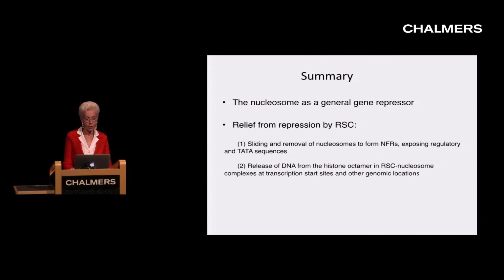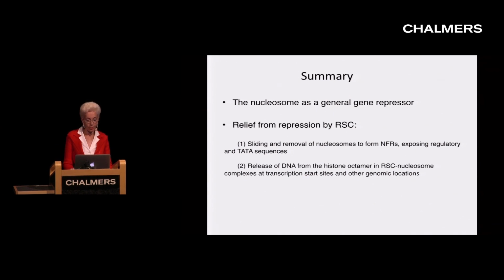RISC relieves repression by the nucleosome. It slides and removes nucleosomes. It is stimulated by the AT sequences in front of genes, where it creates NFRs, exposing regulatory and TATA sequences.